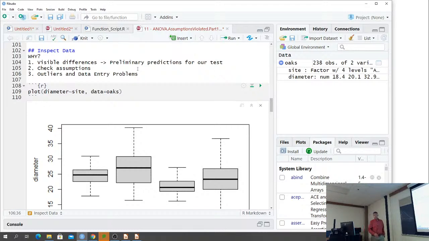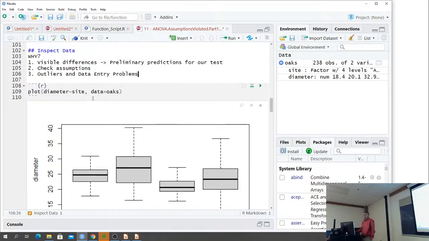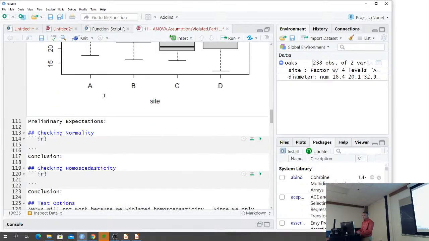We're talking about a missing decimal point, or in this case, where our averages were between 20 and 30, an accidental decimal point or an accidental extra digit. We'd see that as one point way up high in the hundreds, whereas everything else is down in the middle. I don't really worry too much if we have one point up at 35 for this group. That's just a real data point we collected. Maybe I go back and look at the data entry to confirm that I typed it in correctly, but I'm usually not too worried about it.